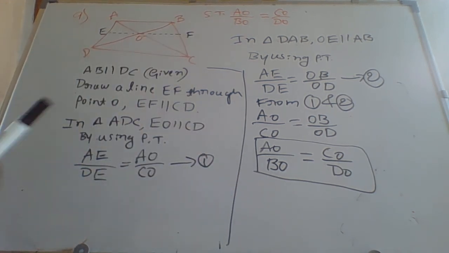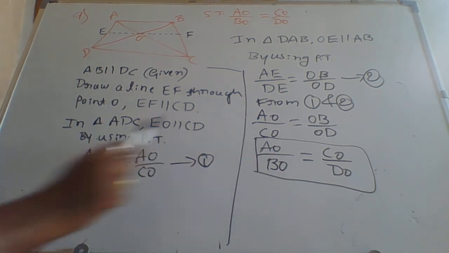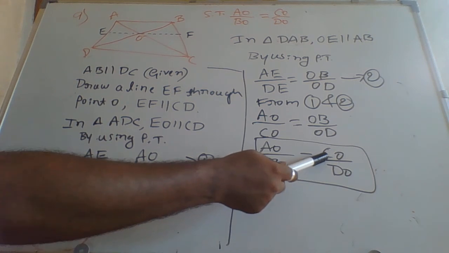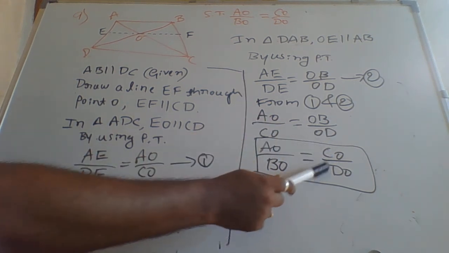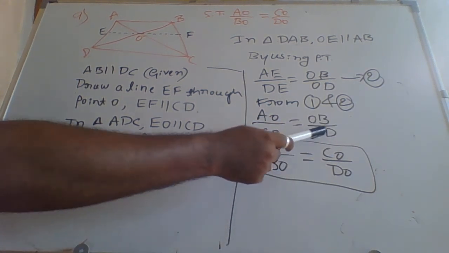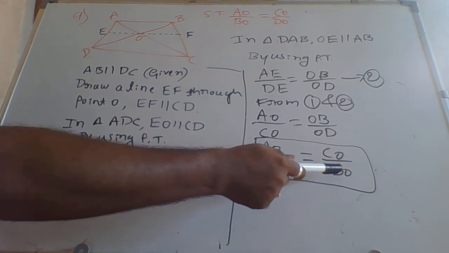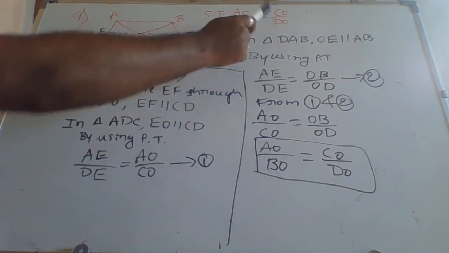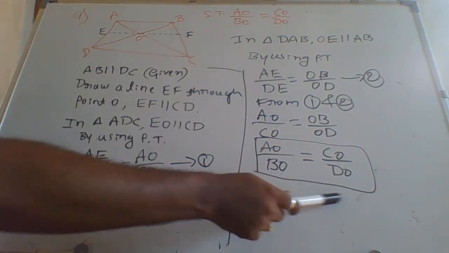Or you can write OB only, is equal to, here I will move this CO to the other side, therefore it will become CO by DO. Here it is OD, but I have written DO, because both are the same, and in the question they have given, show that DO.